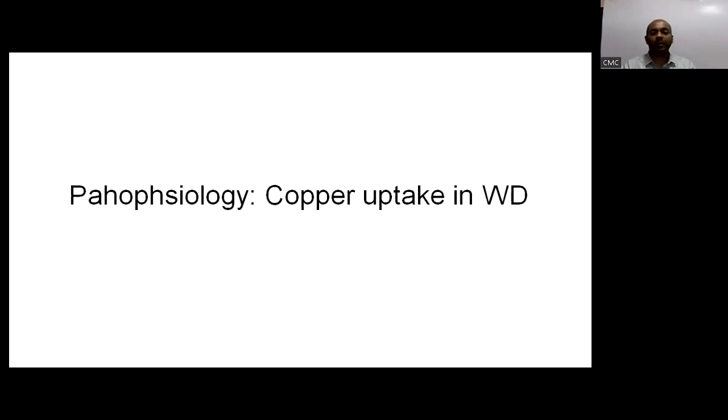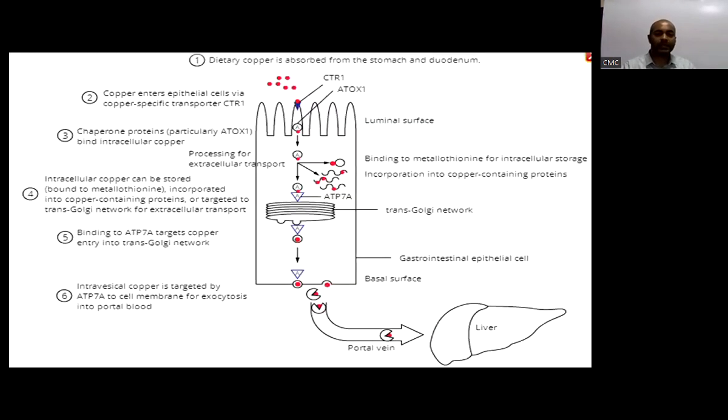Now, pathophysiology: how does the mutation occur? Before that, we'll see the copper metabolism. Copper is absorbed from the stomach and duodenum, and enters the enterocyte cells via the copper-specific transporter, CTR1. Once inside, the chaperone protein binds the intracellular copper.